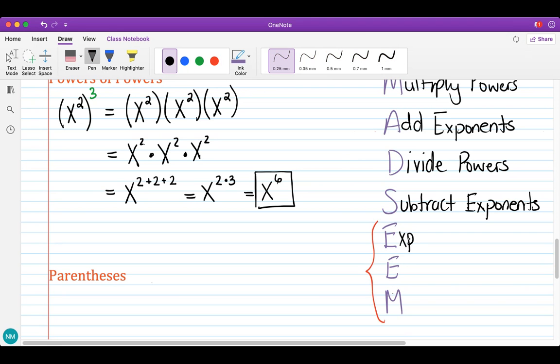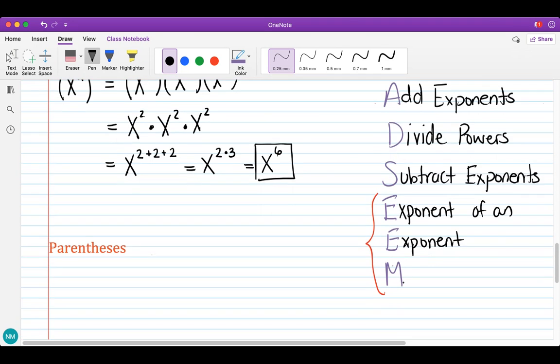When you take the exponent of an exponent, you multiply the exponents. I know there's a lot of exponents there.